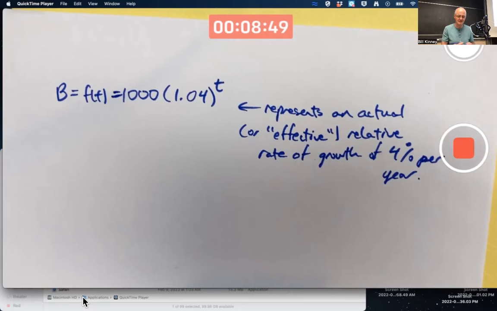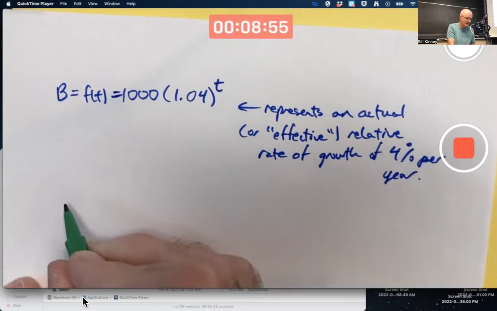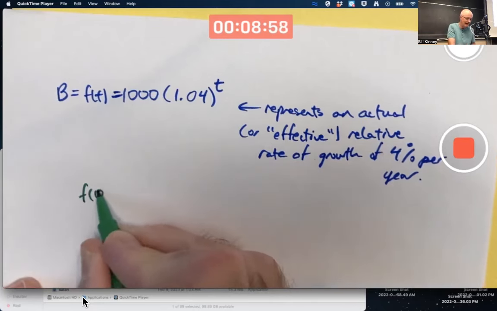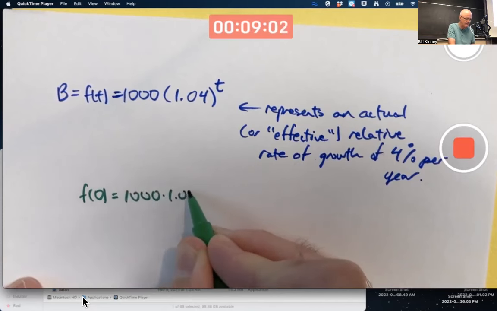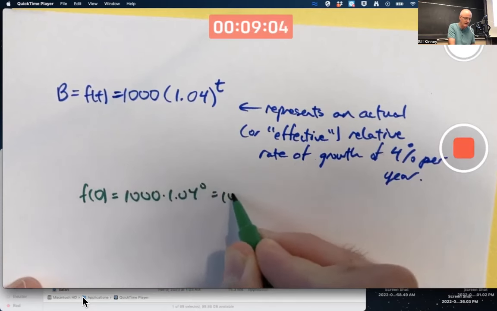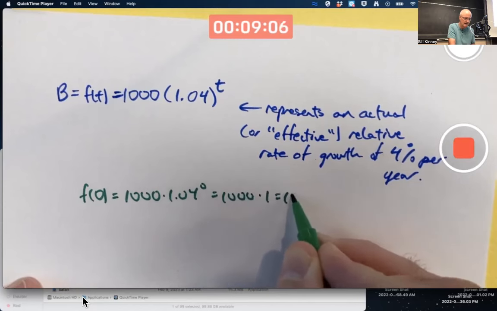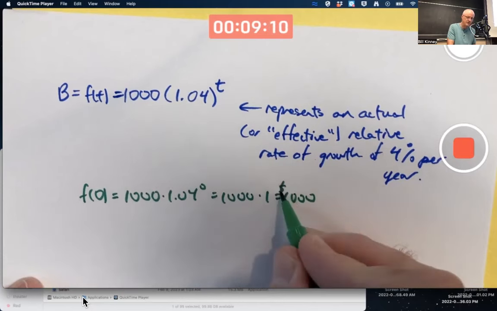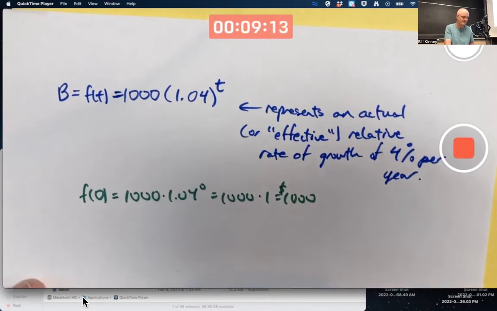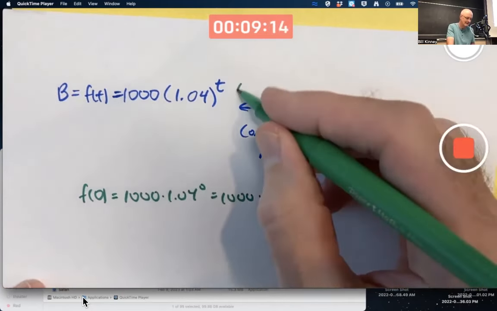What does that mean? That means every year your money grows by 4%. So for example, at time 0, the balance is 1,000 because 1.04 to the 0 power is 1. Let's say in dollars. Don't forget your units. This is in dollars.